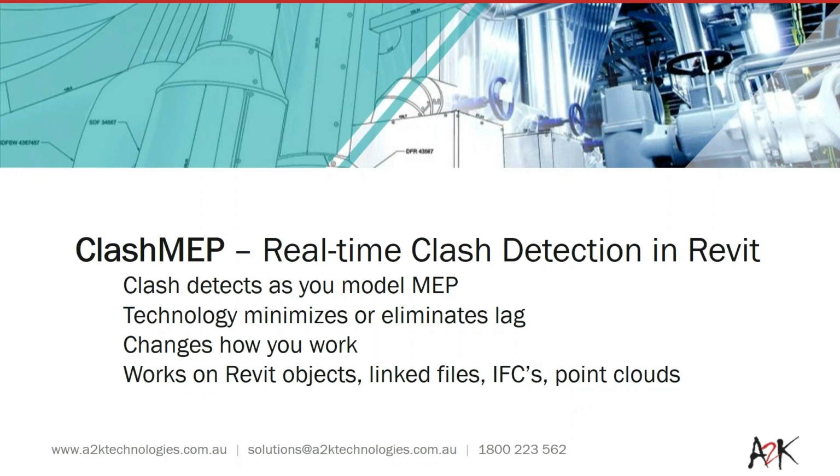It starts to eliminate the need to go out to separate programs, say like Navisworks and Solibri, at the beginning stages of a project. It can help you to drastically reduce those clashes in your designs moving forward.